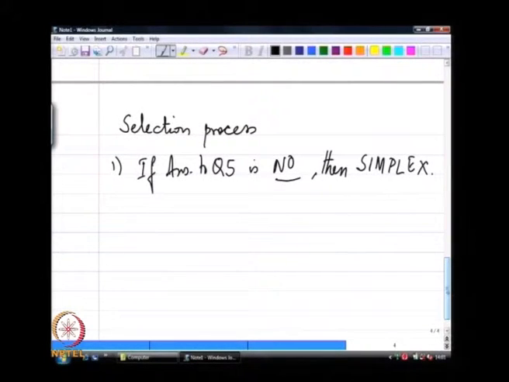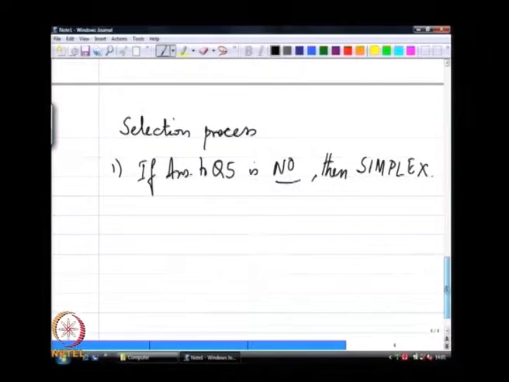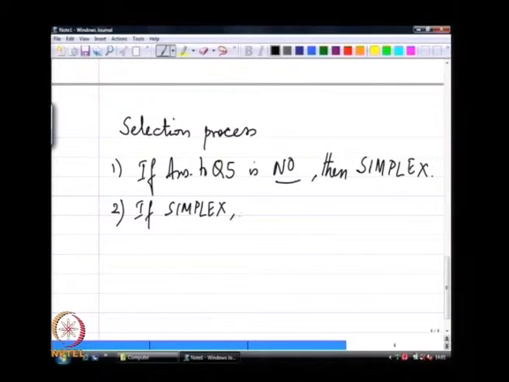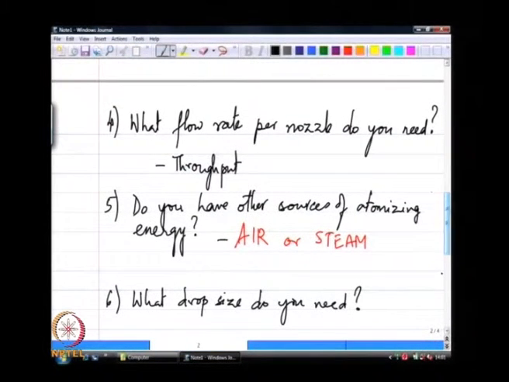Let us say we want to look at simplex nozzles. How do we choose simplex nozzles? Take the flow rate that you have, and we will call this some q dot.